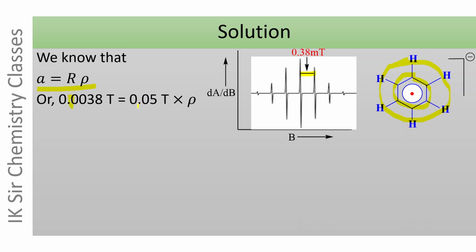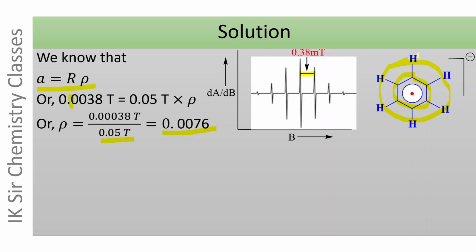On solving it, rho is equal to 0.00038 Tesla divided by 0.05 Tesla, and it comes to be 0.0076.